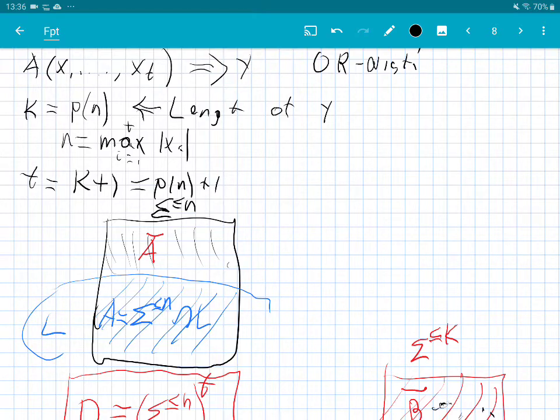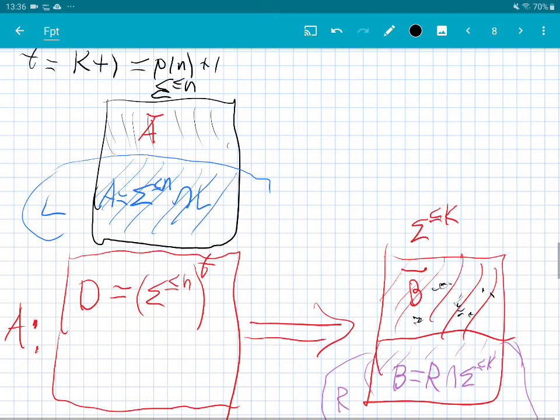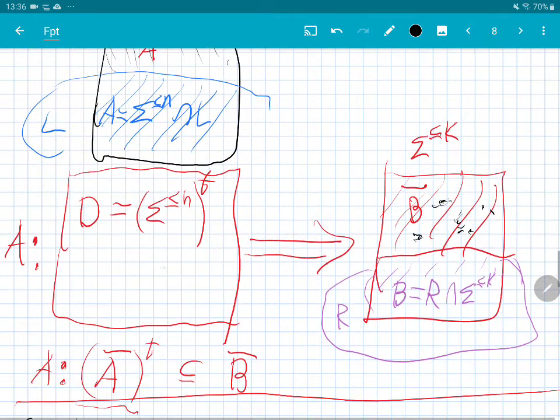And the trick was to pick a string of length n, and we picked t to be sufficiently large such that the number of tuples was huge. And then we looked at the algorithm A, which ultimately mapped all the strings of length n. If we looked at the t-tuples, this is the space D, it mapped them into strings of length at most k.